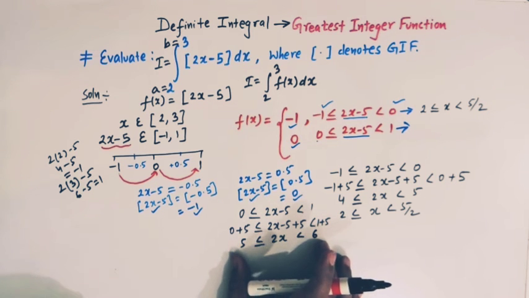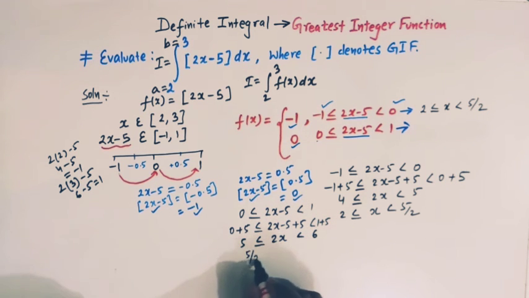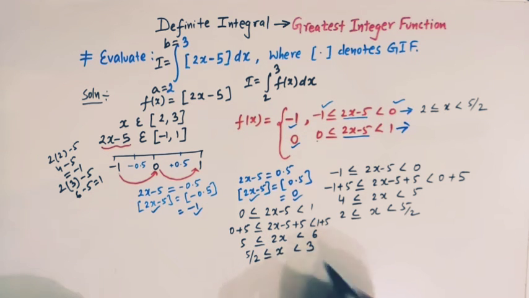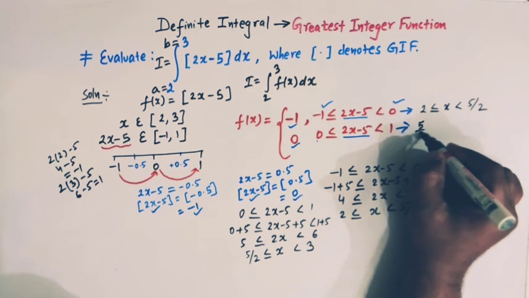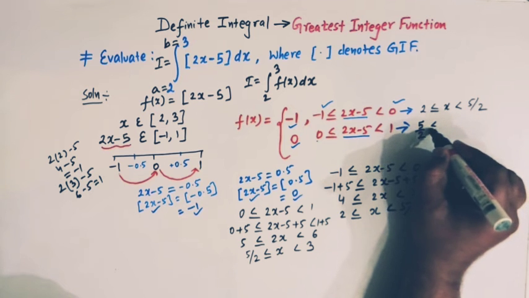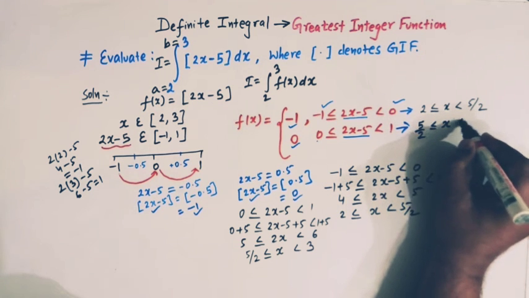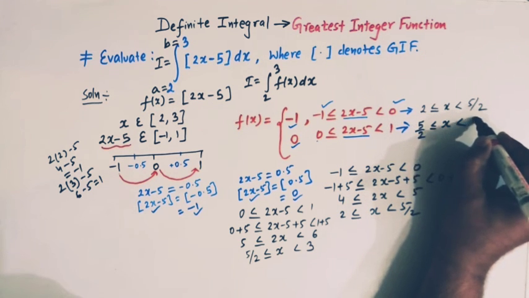Dividing throughout by 2, we have 5 by 2 here, here x, and here we have 3, right? So here x lies between 5 by 2 and 3. So here we can write 5 by 2 less than or equal to x and less than 3, right?